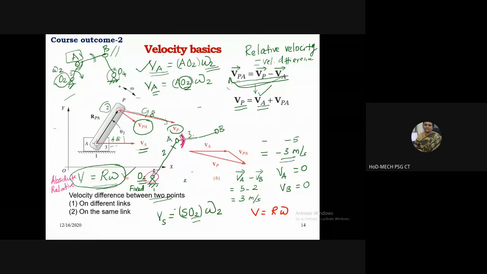So the velocity of B can be written as velocity of A plus velocity of B with respect to A, like what you have here.